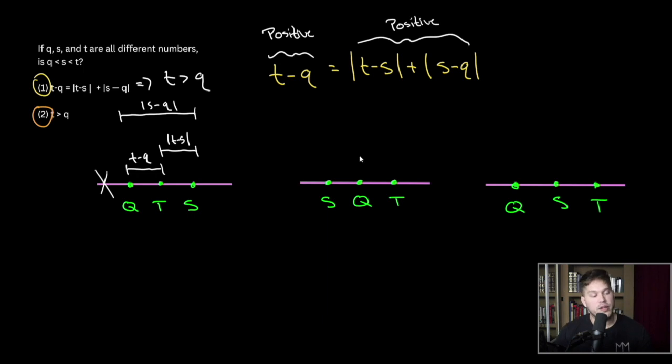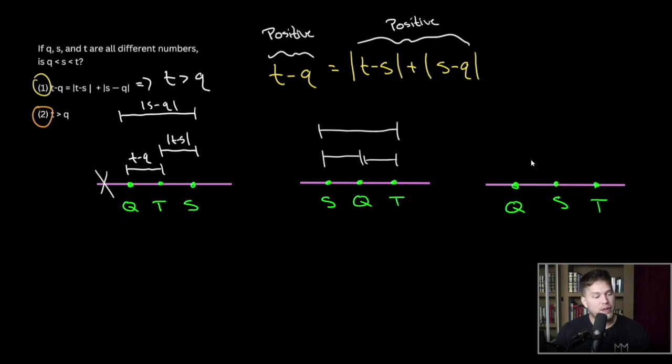Similarly, our second number line tells us that s minus q plus t minus s is equal to q minus t, or t minus q rather, and that's again not valid.